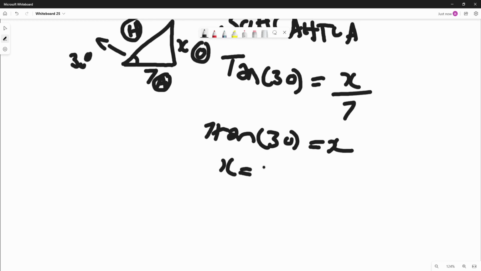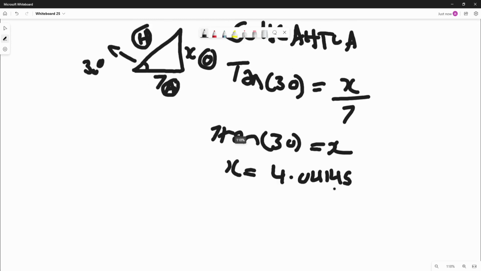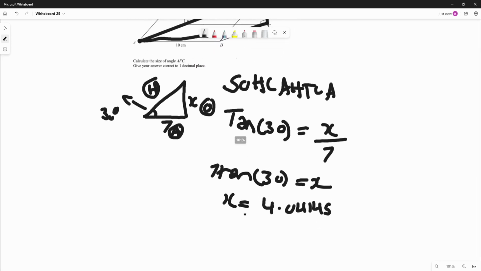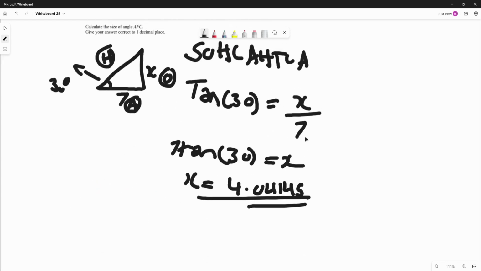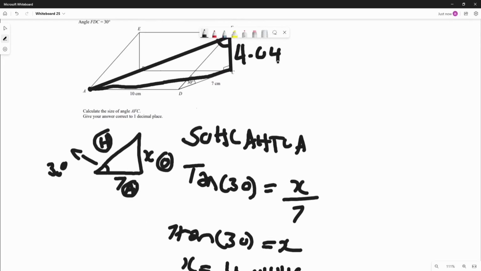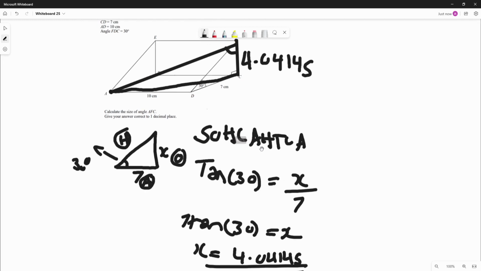Work that out. X is something along 4.04145. Okay, now we have that, so let's label that, 4.04145. Alright, what else can we do now?